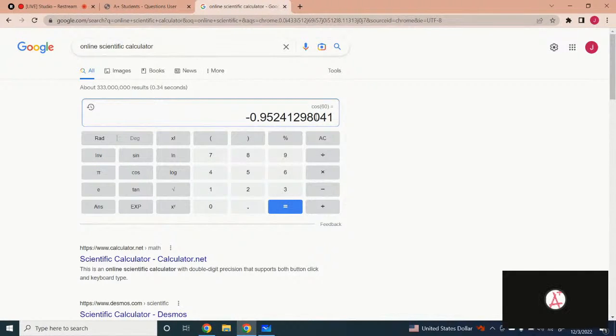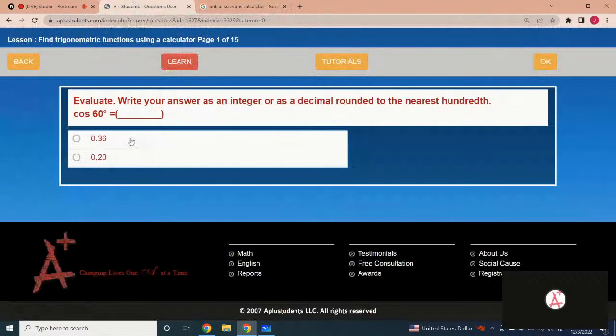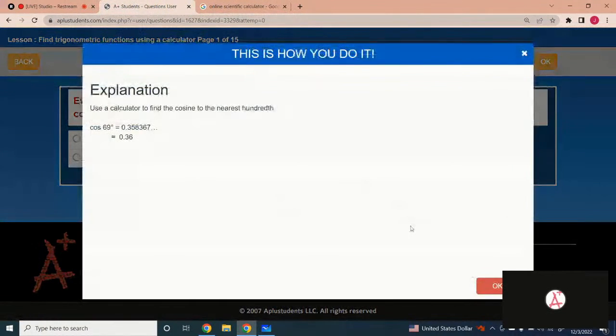Okay, cos of angle 60 would be 0.5, but that is not given among the options. The option is 0.69.